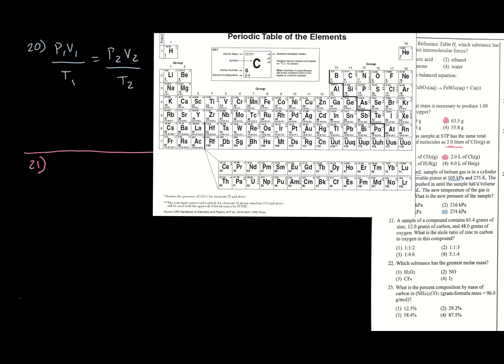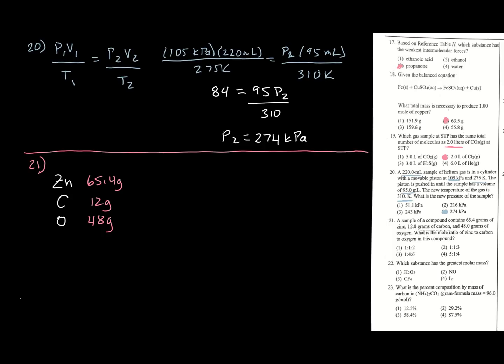Okay, now look at their atomic masses here. Zinc happens to be 65.4, carbon is 12, so those so far match. Oxygen's 16, so it doesn't match. So what we're going to do, we're going to convert these to moles. They give us the masses, we're going to divide them by their atomic mass to find the moles. Feel me now? Okay, alright, let's go.